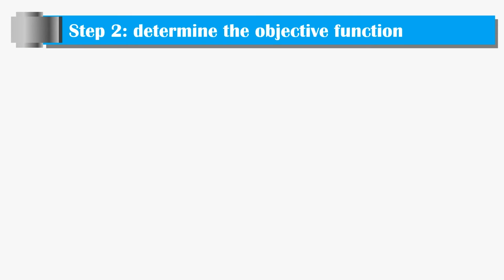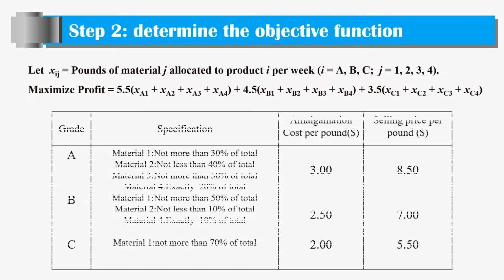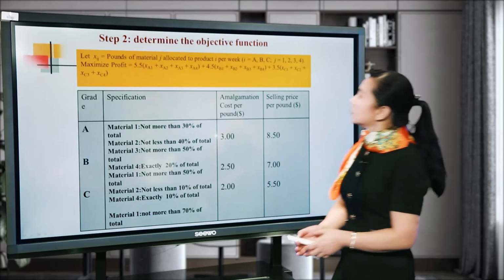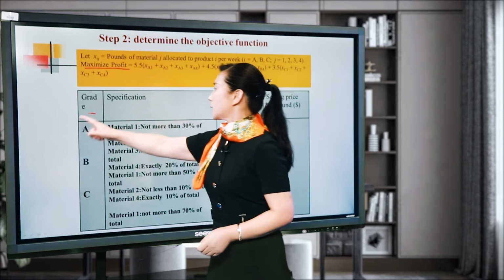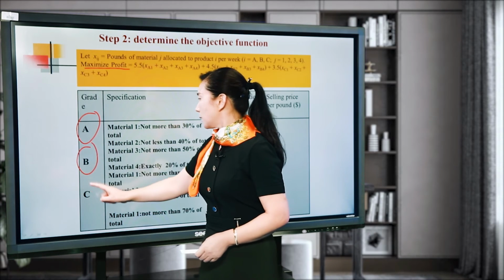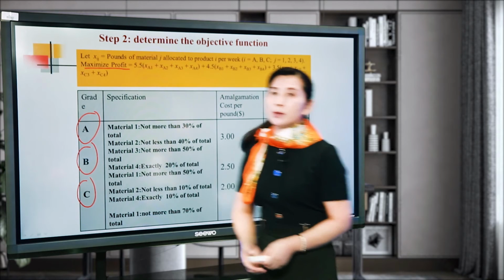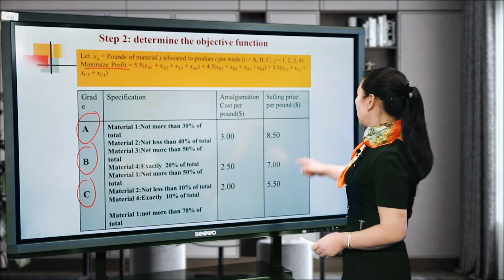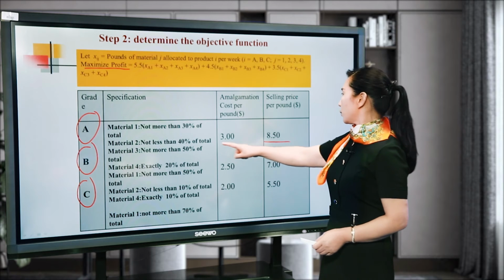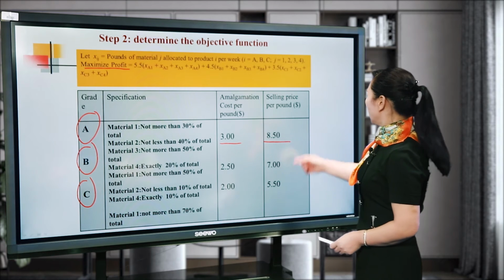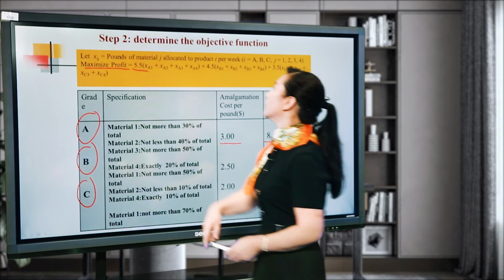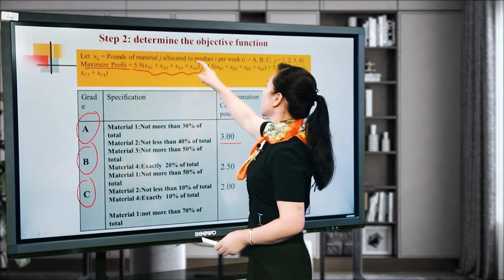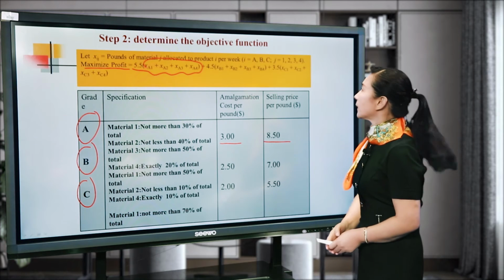Step 2, determine the objective function. The objective is to maximize the profit. So we describe the maximized profit as grade A product profit plus grade B product profit plus grade C product profit, and we use the selling price minus the cost. That is, 8.5 minus 3 is 5.5 times the grade A total amount.